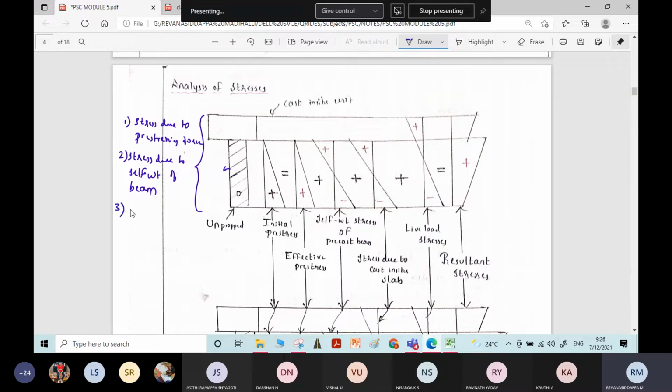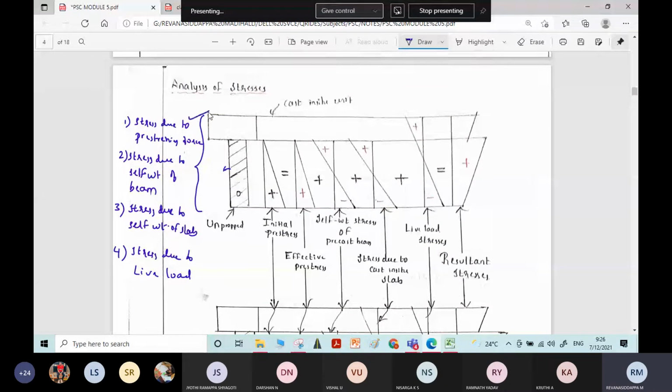Third one is stress due to self weight of the slab, since there is one more element lying over the beam, that is the slab. Fourth one is stress due to live load. These are all the stresses which act on a composite section.